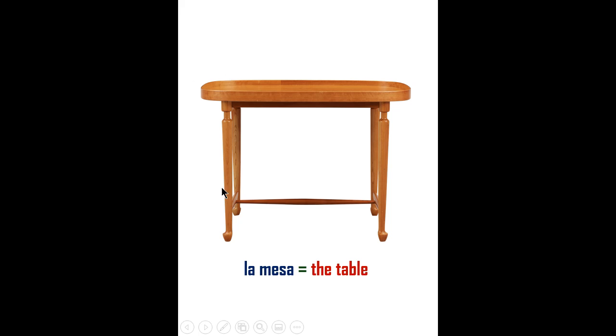This is la mesa. Notice no drawers or anything in it. It's la mesa. The table. And you'll learn later on in semester 2, we have what we call diminutives.